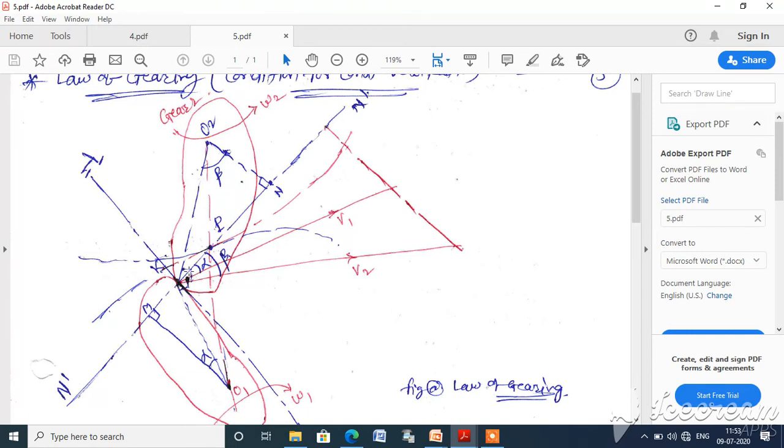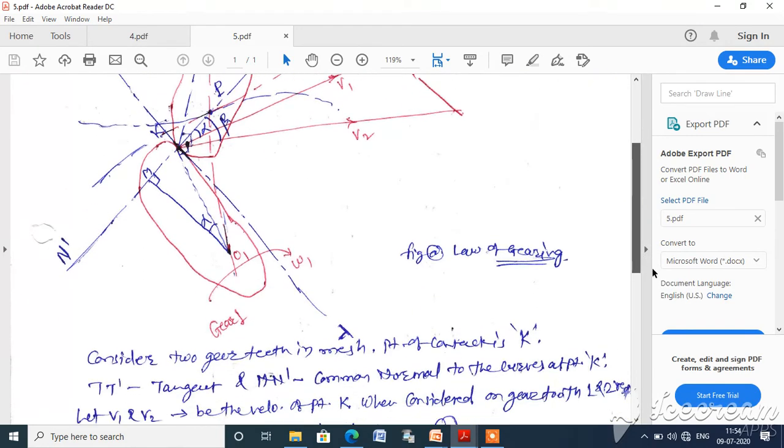Another one is V2, the velocity of gear 2, and this V2 is exactly perpendicular to O2K. I have drawn a line through the normal, perpendicular to the normal. These lines are meeting here, and we can find various triangles.